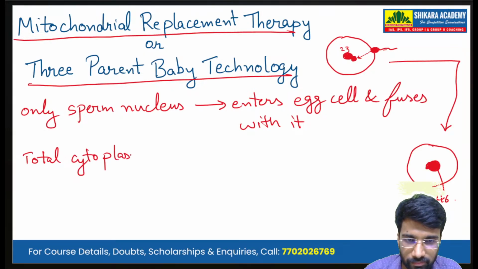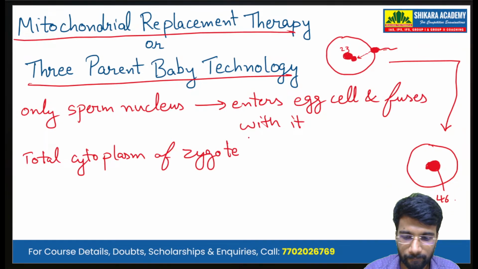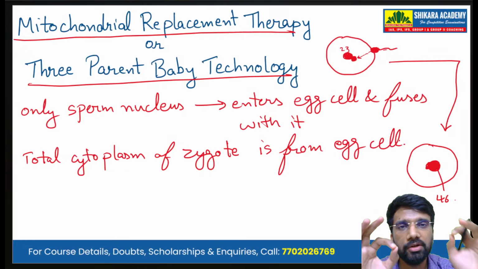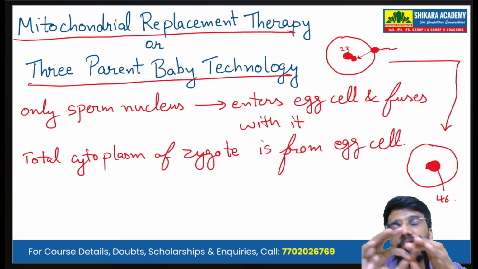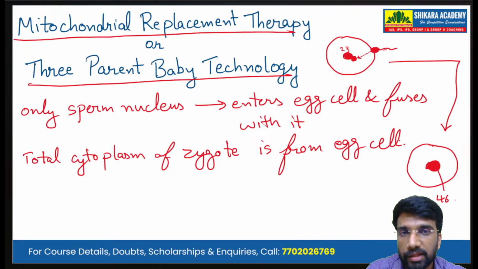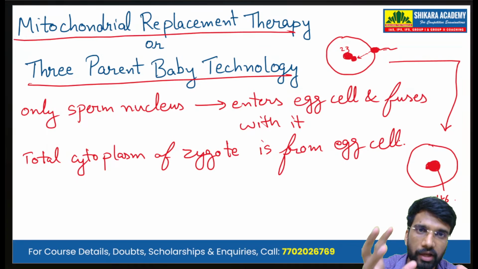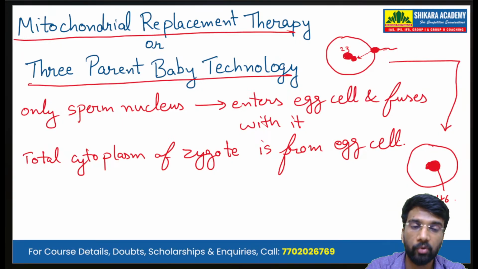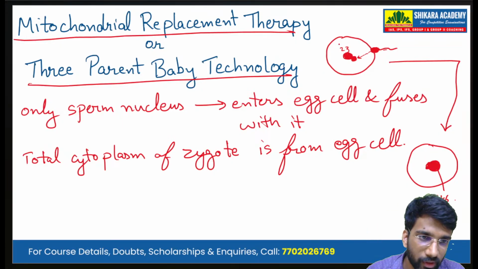Therefore, the total cytoplasm of the zygote is from the egg cell, because only the nucleus enters the egg cell to fuse and fertilize. Therefore, the zygote thus formed has the cytoplasm of the egg cell. Now, in the egg cell, there is mitochondria. So, this is mitochondria.